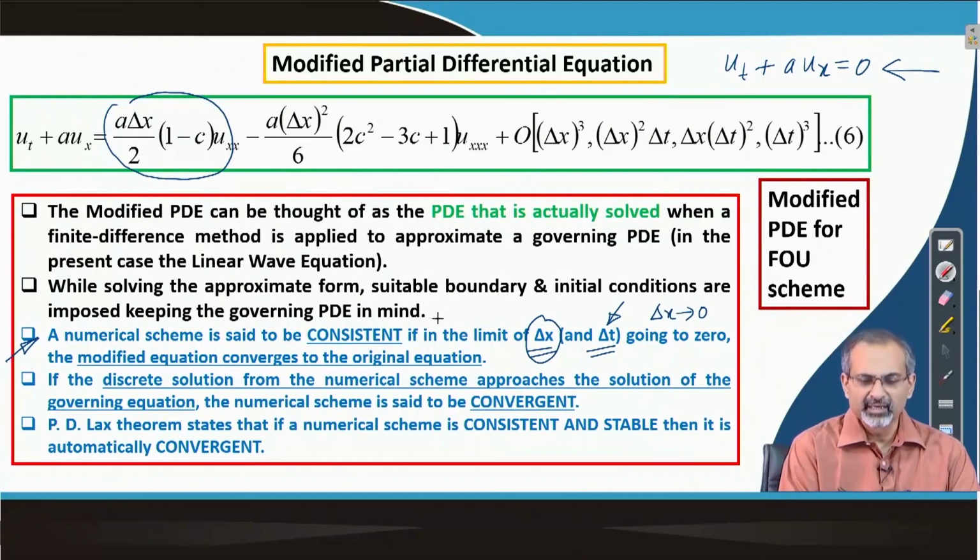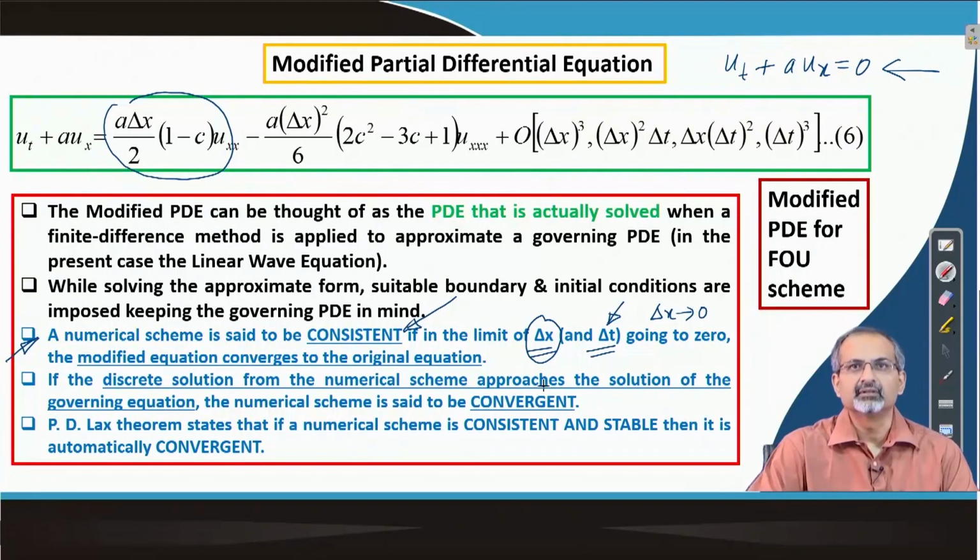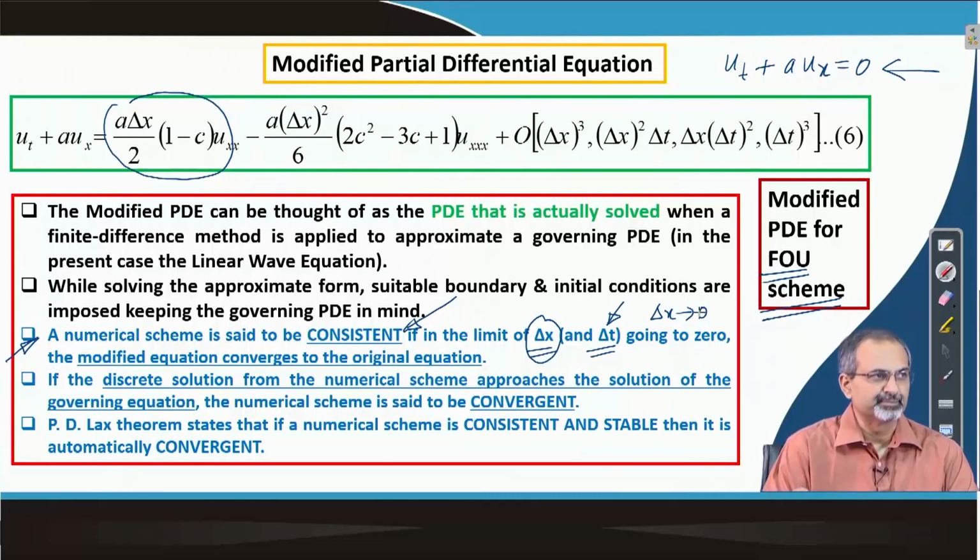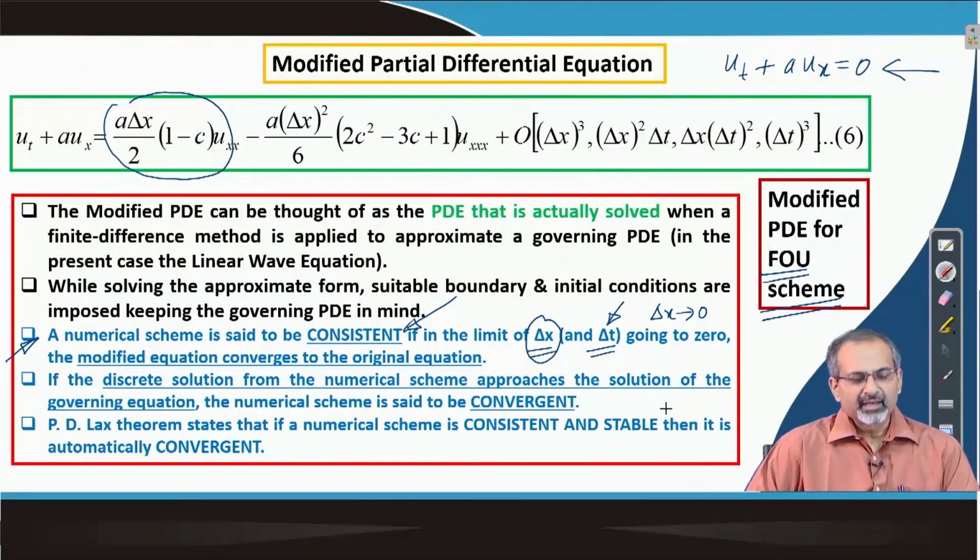If that happens, then you have a consistent discretization of the original partial differential equation. So, in this case, you can figure out that the FOU scheme, the first order upwind scheme, is a consistent scheme.